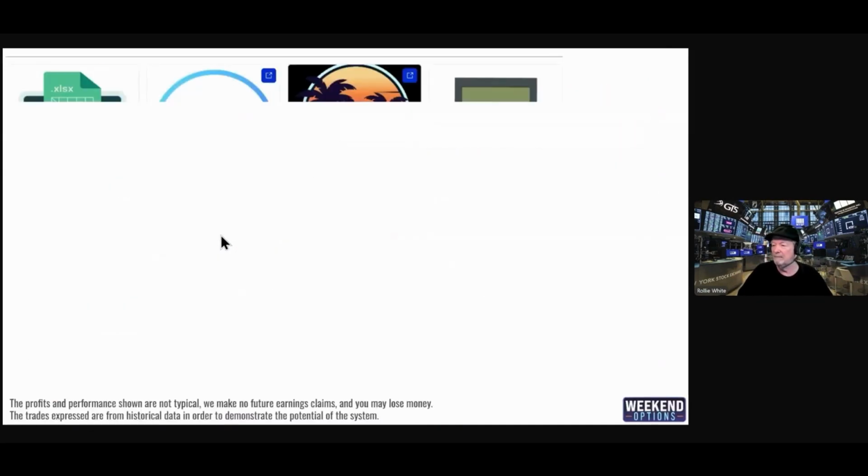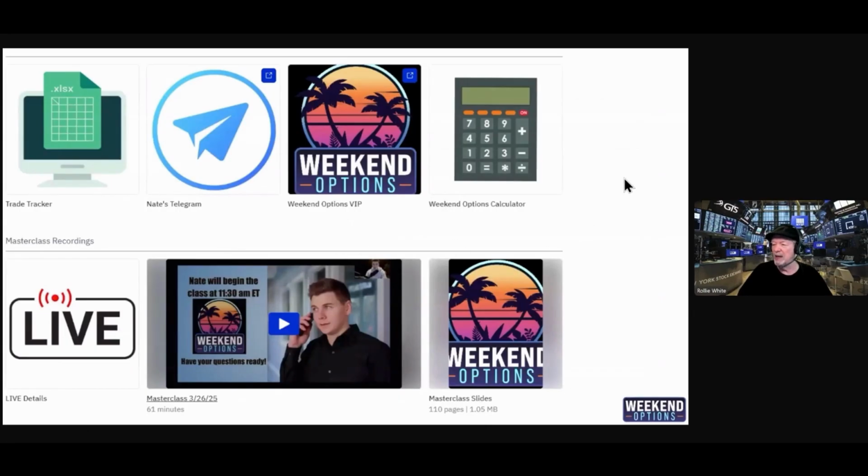And when you do sign up for the program, here's a screenshot of what the members area looks like. You can see there's the trade tracker here where you can dig into the forensics of all the trades that have been taken. If you want to join Nate's Telegram service, you do it here. There's an options calculator. If you want to join the live masterclass, you do it here.